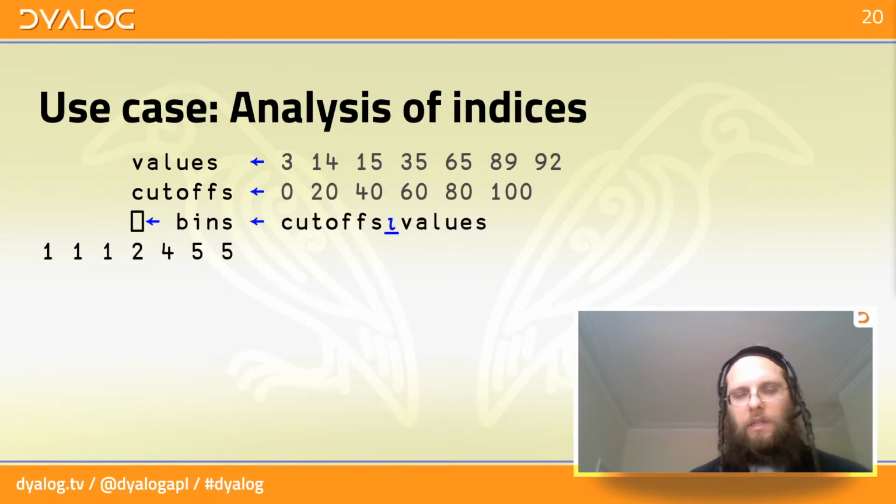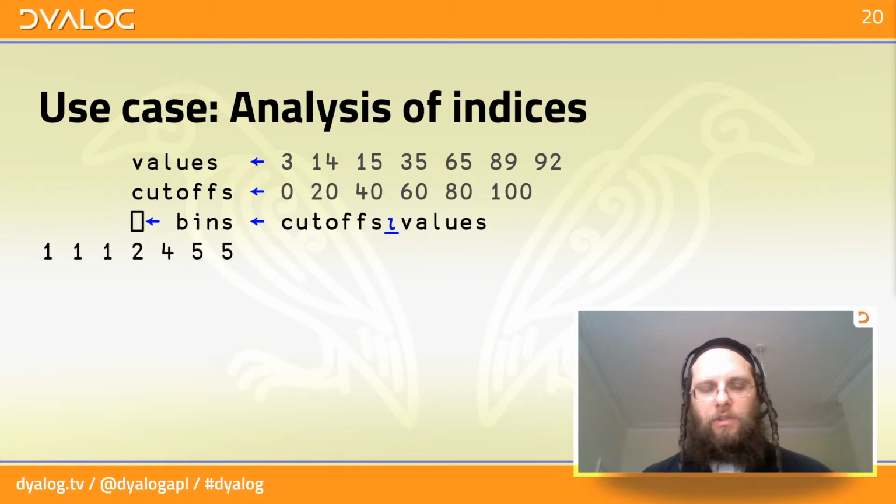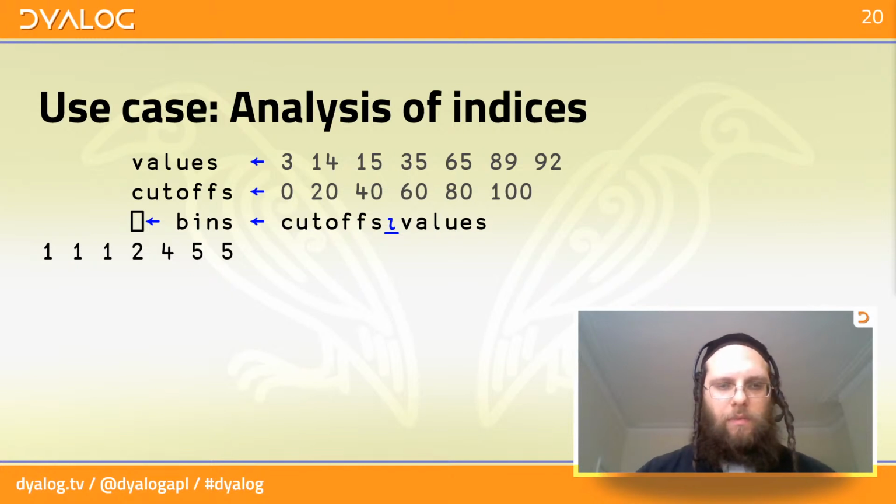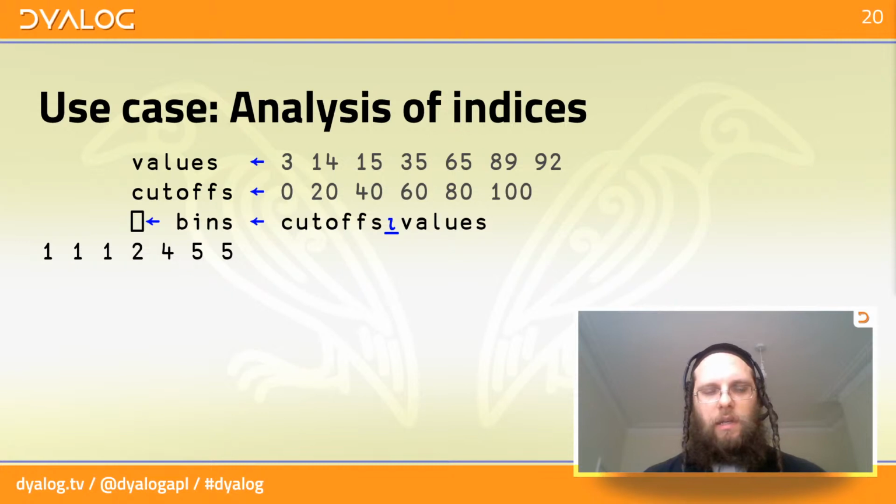We're using the interval index function, and that tells us that the value 3 goes in the slot between 0 and before 20, and 14 also goes between 0 and 20, and so does 15. Then we have 35 goes in between 20 and 40.